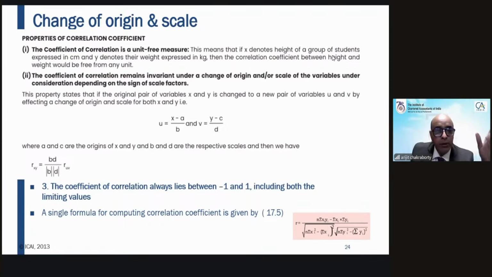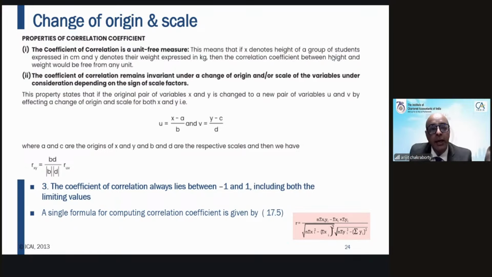So अगर B और D में if the sign positive or negative, if there is a change of sign, then Rxy mathematically quantifying it will be the same, but sign change हो जाएगा. So if B or D changes sign, then Rxy will be equal to minus Ruv and vice versa.